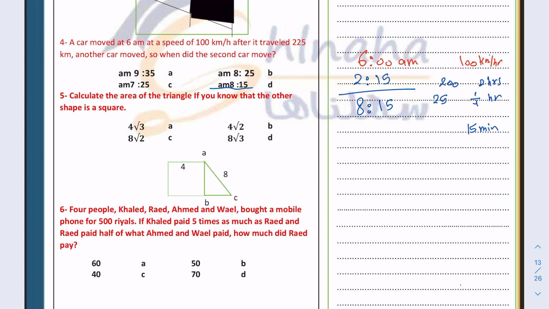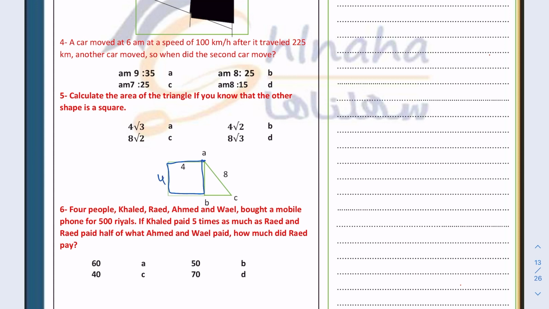Question number 5. We have a square, so all the sides are 4, 4, 4, because here I have 4. He said, find the area of this triangle. I know that here I have 4. This is a right angle triangle, and this is 8.